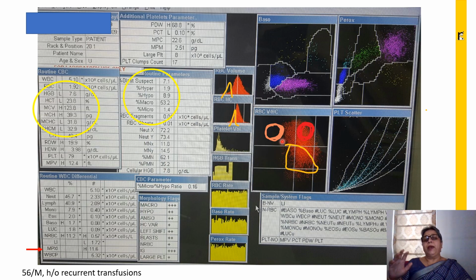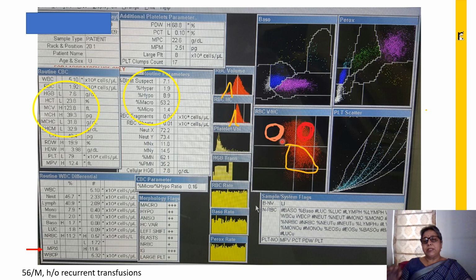It could occupy almost all the 9 squares, or it could occupy the center portion and the upper portion of the erythrogram. So this is how you differentiate it from megaloblastic anemia.